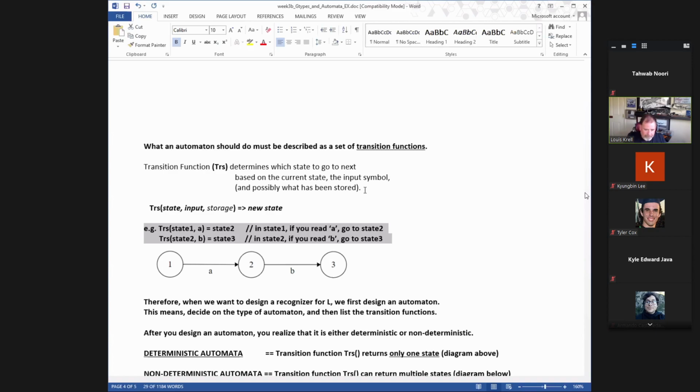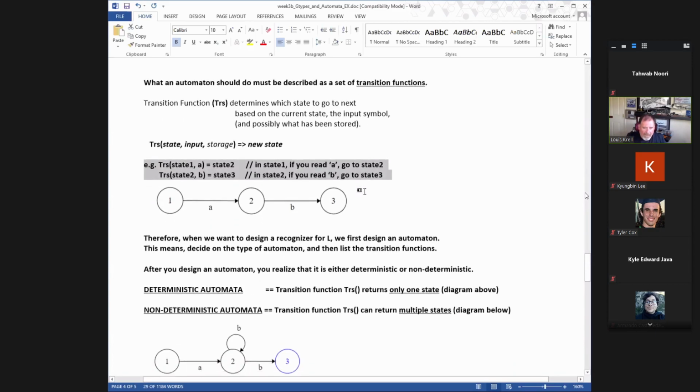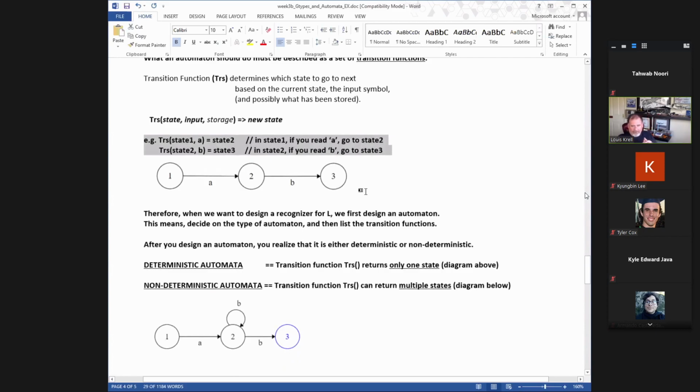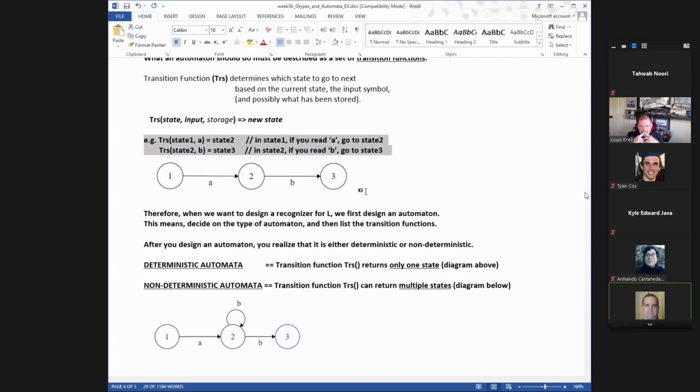So as we define our automatons, we might have a case where, if you look at the lower diagram, does somebody want to tell me what state we go to when we're in state 2 with a B? You can go to both 2 and 3. Correct.